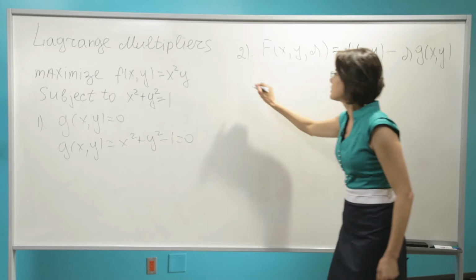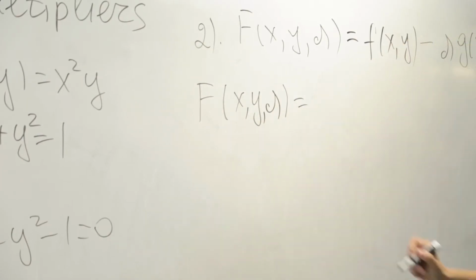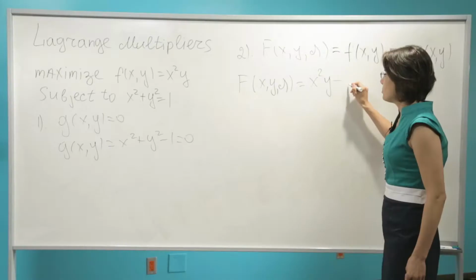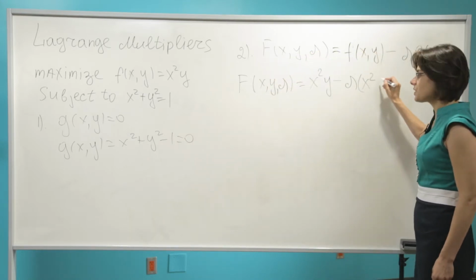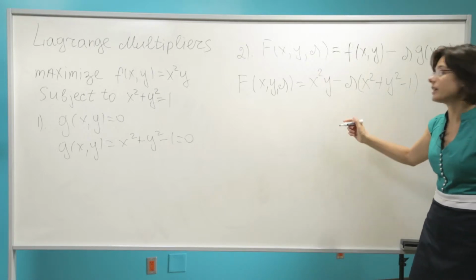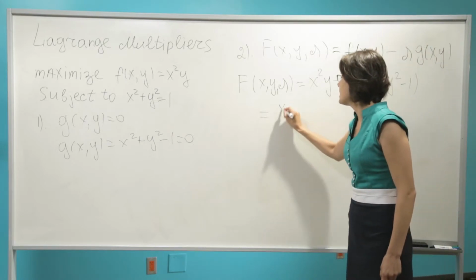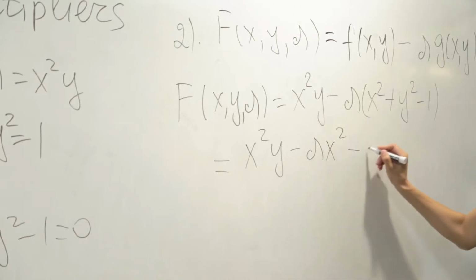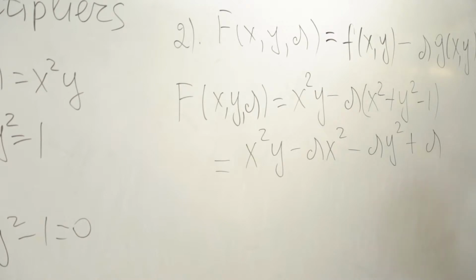In our case, the function capital F of x, y, lambda looks like this: we take f of x, y, which is x squared y, minus lambda times g of x, y, x squared plus y squared minus 1. Now we simplify it. Capital F of x, y, lambda is equal to x squared y minus lambda x squared minus lambda y squared plus lambda.